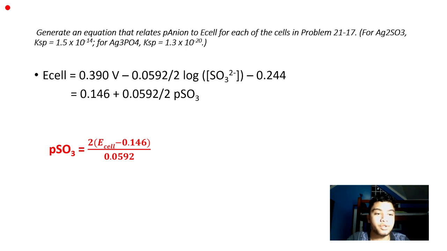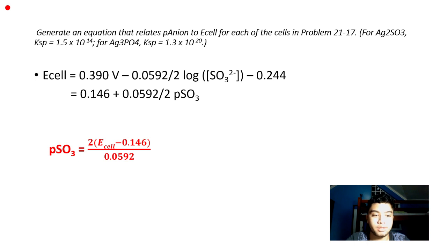So 0.390 volts minus 0.0592 all over 2 once again, because the number of moles for the Ag was 2, times the logarithm of the SO3 2 negative minus 0.244 volts. After simplifying, we get 0.146 plus 0.0592 all over 2 times the pSO3.